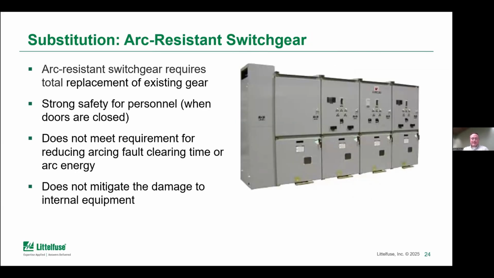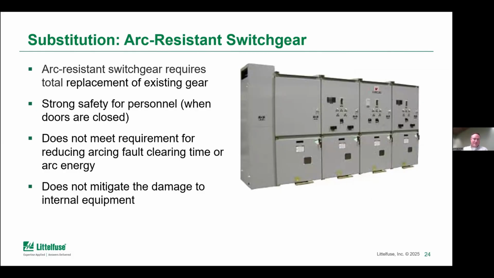So another one that has been quite popular is looking at arc resistant switchgear. So this is building the switchgear so that when an arc event occurs inside, that energy is contained, and the panels are built to not have the doors open, and it redirects the energy.